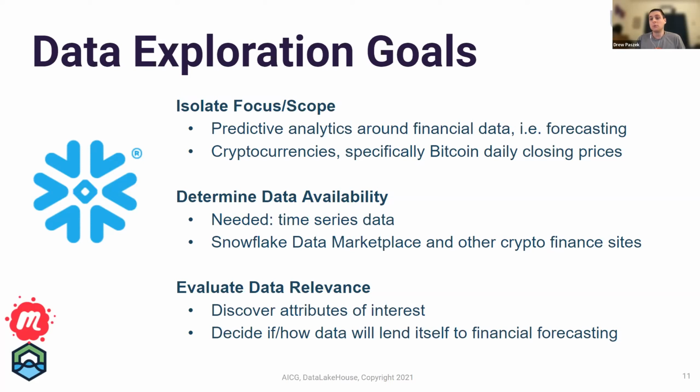And ultimately, once we get into that data, we'll want to figure out the attributes of interest, and really drill into how we can get the most out of the data, such that we can start to take that data and move it into a forecasting model.